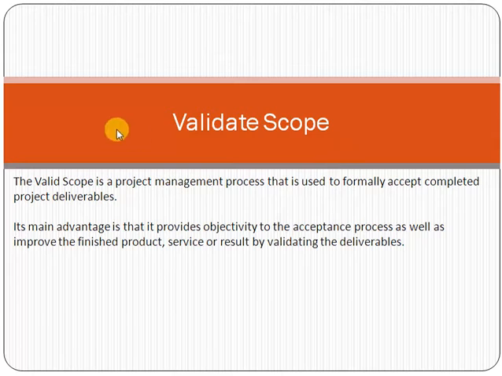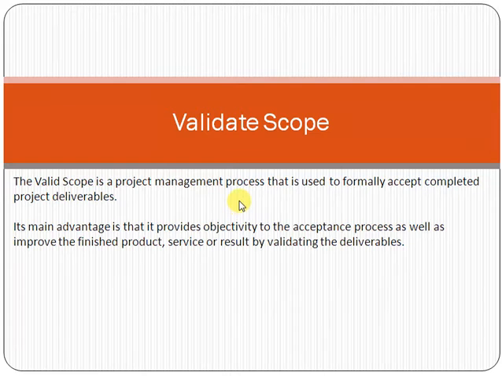Now coming to validate scope. Validate scope is just to make sure that the scope is fulfilled. Validate scope is a project management process that is used to formally accept completed project deliverables.